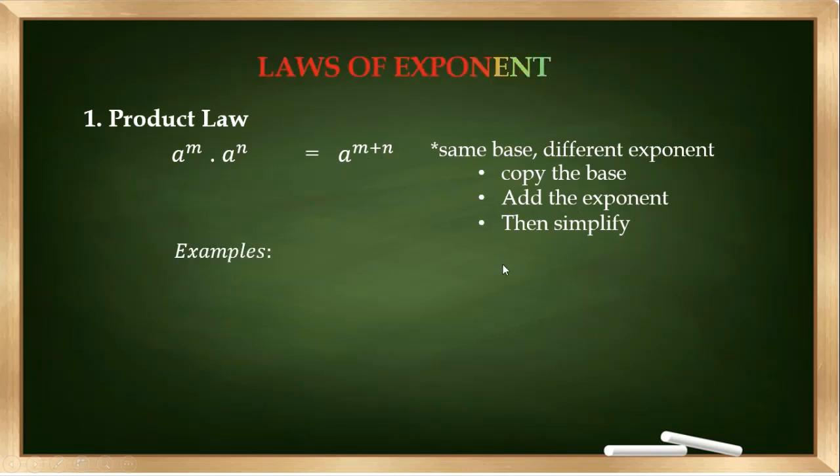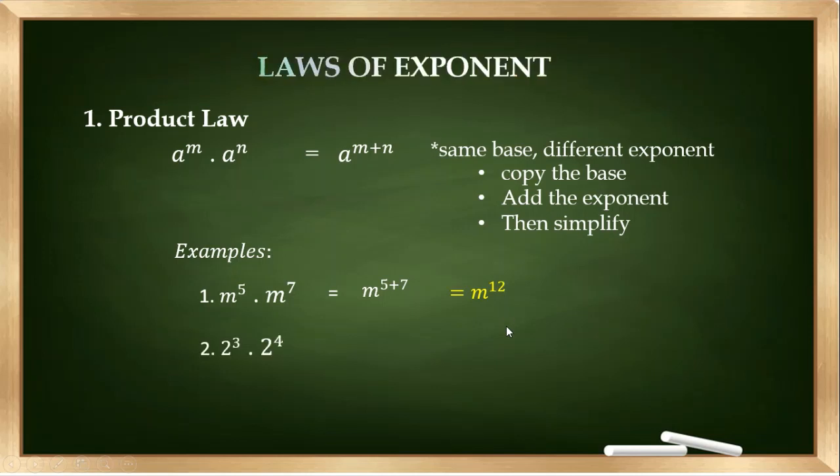So for example, we have m raised to the 5th power times m raised to the 7th power. Sabi ng product law is just to add the exponent. So we're going to add 5 plus 7. So that is equal to m raised to the 12th power because 5 plus 7 is equal to 12. Alright?